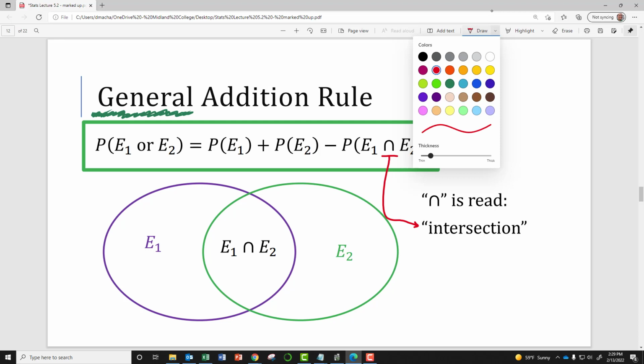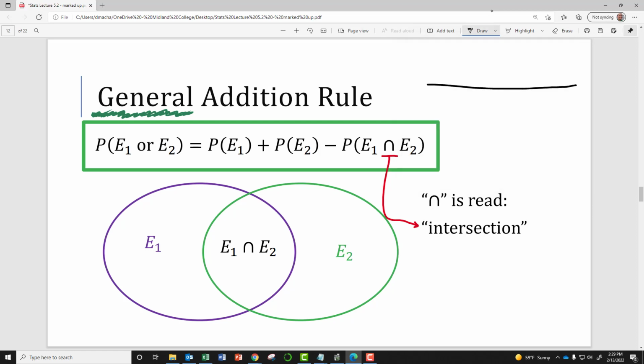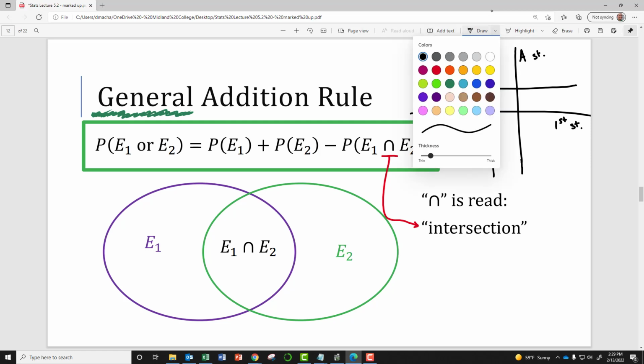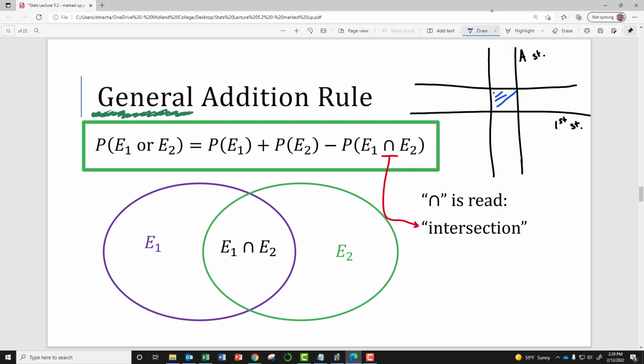The reason we call that an intersection, I like to think about the streets that are right outside my office. If you have a street going east and west and a street that runs north and south, we'll call this A Street, and we call this maybe First Street. This area here that belongs to both A Street and First Street, we call the intersection of the two streets.